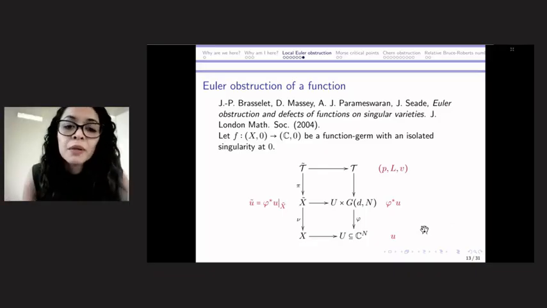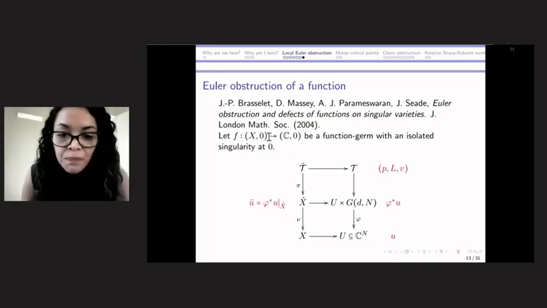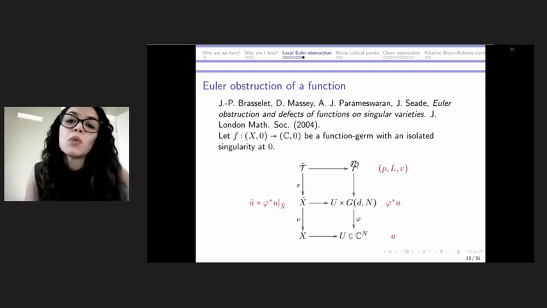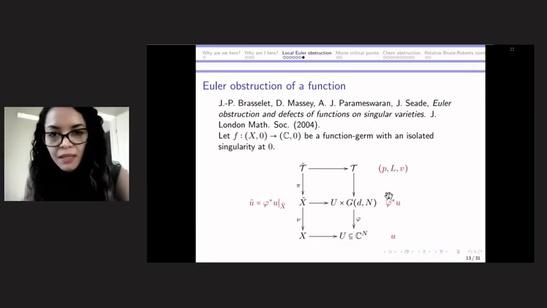So I will consider a function f with isolated singularity at the origin, defined on the variety X. The setting is the same, okay? What we are going to change is the differential form we are going to use. This is the difference.